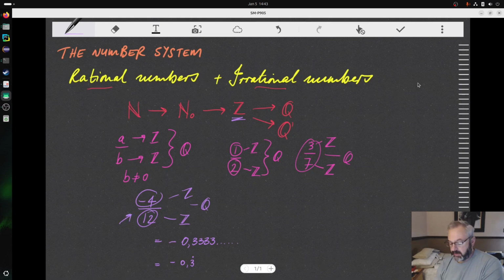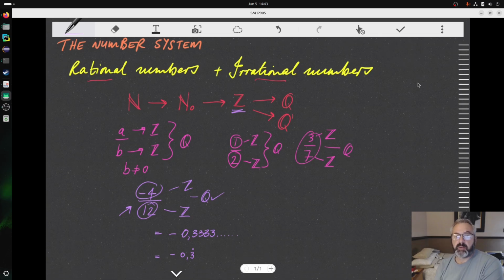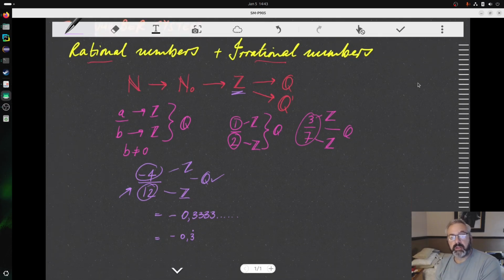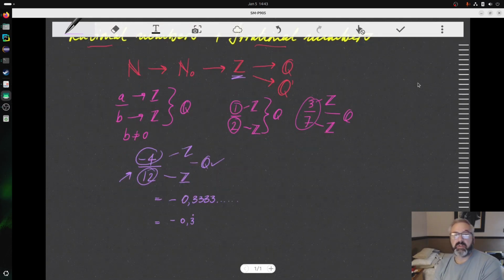And we determined that yes, indeed, it was a rational number. So when we have a look at its decimal, negative 0.3 repeating, that means that negative 0.3 repeating must also be a rational number. Does it make sense?